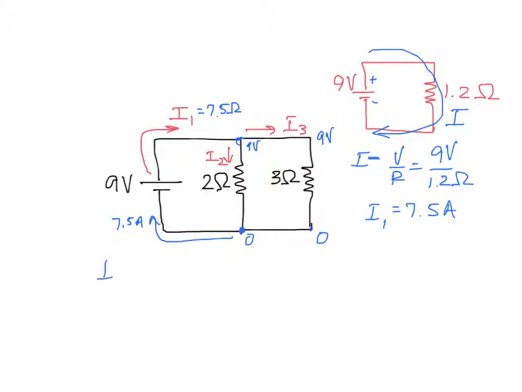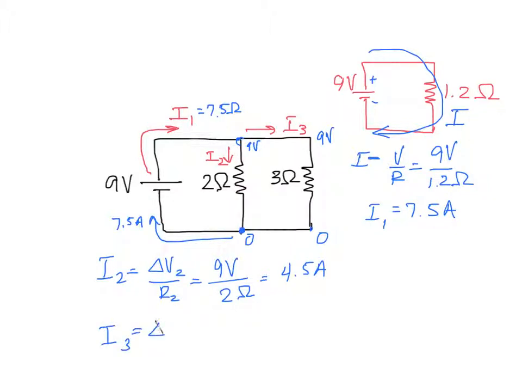So for I2, that's just delta V2 over R2, and that is 9 volts divided by 2 ohms, which is 4.5 amps. I3 is delta V3 over R3, the voltage drop across R3, which is 9 volts, this time over 3 ohms.